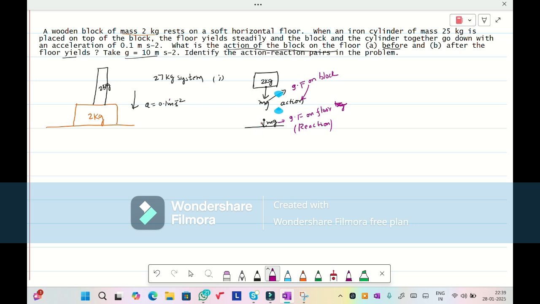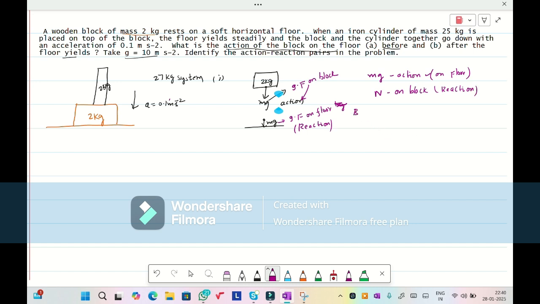And coming to it, if mg on floor is action, meaning the gravitational force on the floor is action, if you take it like that, then the normal force on the block is reaction.